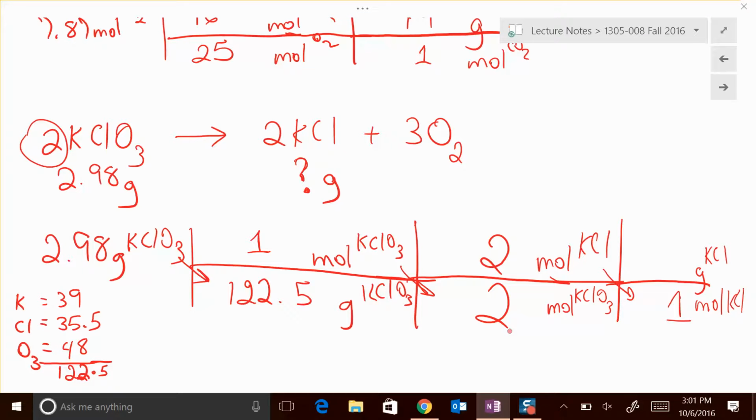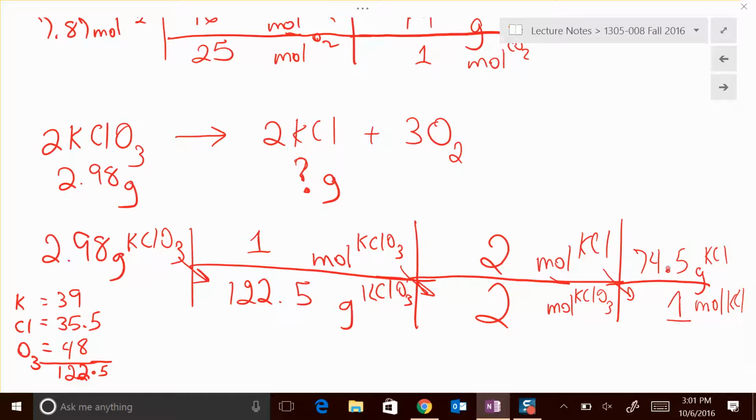Yes, just the mass of KClO3. That's what we want. Now, what is the mass of KCl? 74.5.